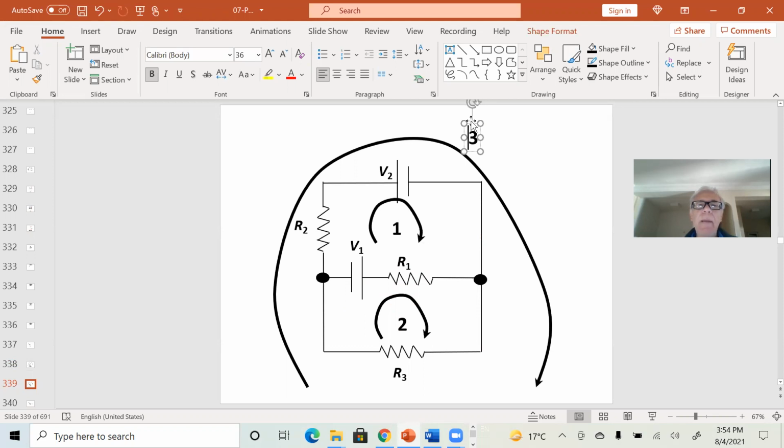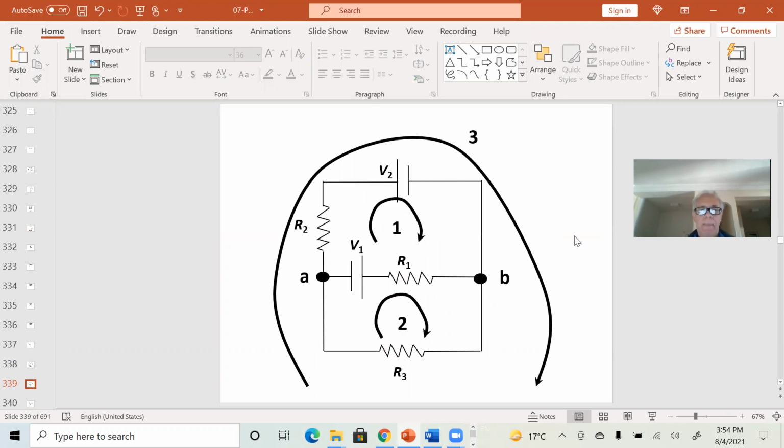Identify and name them. It's going to be nodes A and B. I'm using letters for the nodes, numbers for the loops. That's what a node is, an intersection where current may either split or combine.